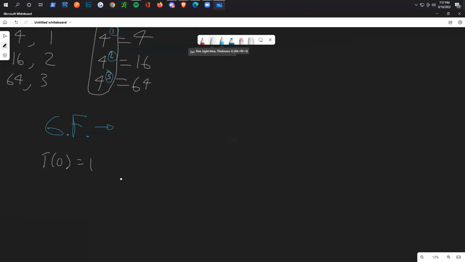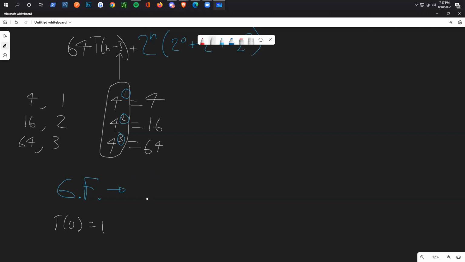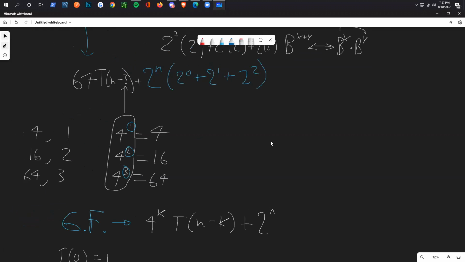And now right here, we're going to write up the general form. So we know that every single step, we're going 4 to the k, then t of n minus k, plus 2 to the n. And we can try to see how the trend relates to this summation right here.